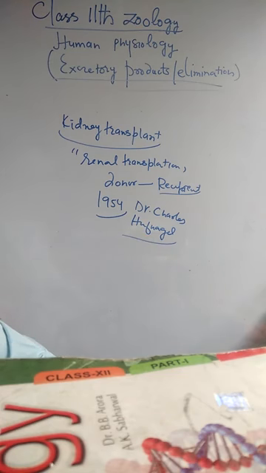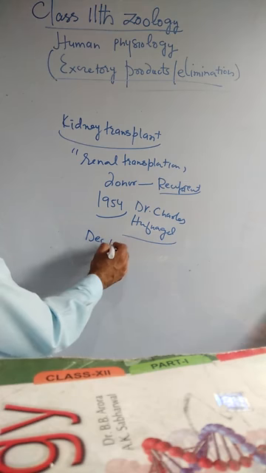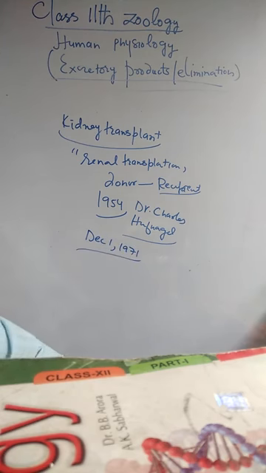He was a Washington surgeon. India's first kidney transplant was done on December 1st, 1971 at Christian Medical College, Vellore, Tamil Nadu. The recipient was a 35-year-old person.